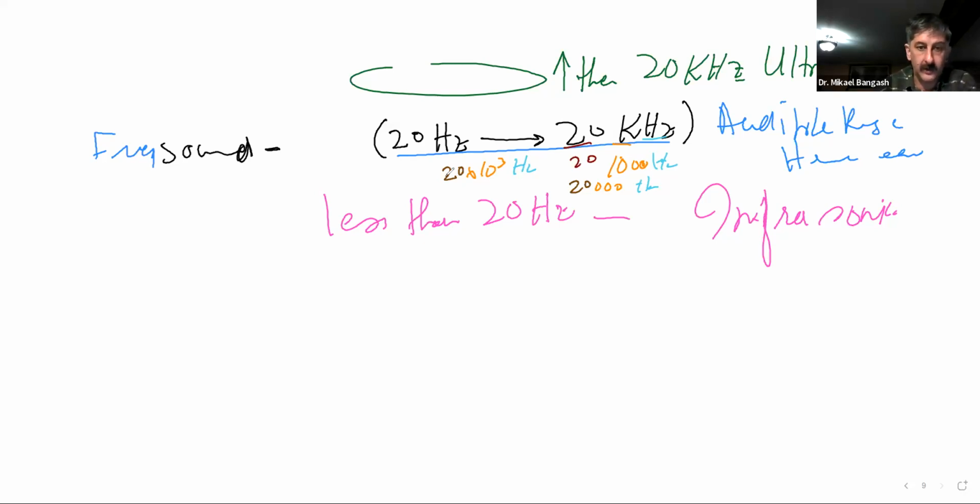You can just write 2. Then you have your 10 raised to the power 3. I mean, you just add 1 and get 4. So it becomes 2 multiplied by 10 raised to the power 4 hertz.